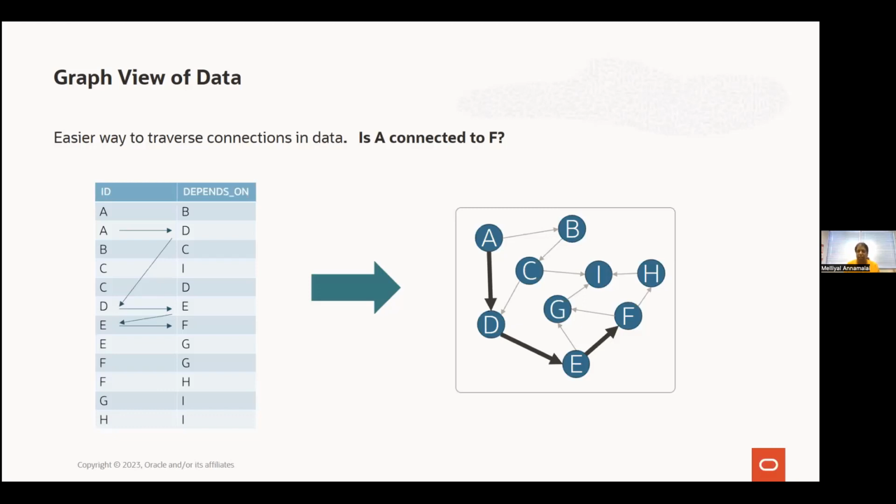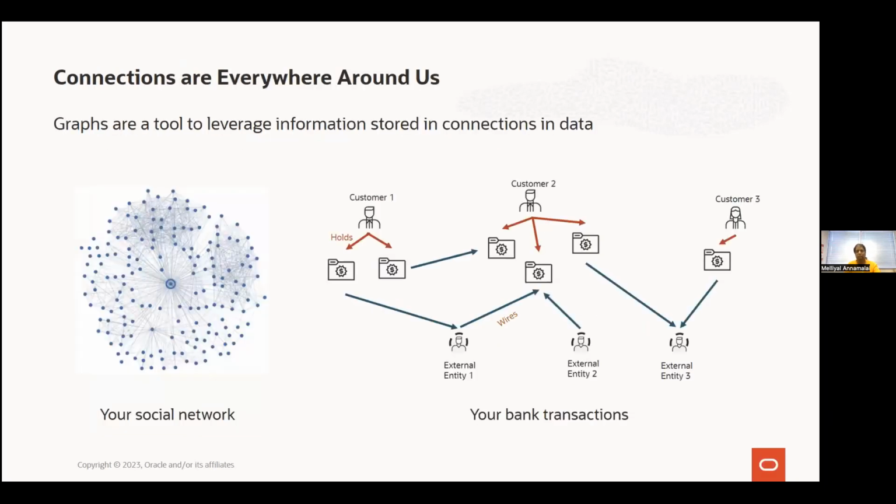And there are any number of use cases where such queries add value, where you're traversing connections in data. One is in a social network, where the connections are more tangible, such as who is following whom, who reposted whose post, and things like that. Those would be the connections between the data entities.